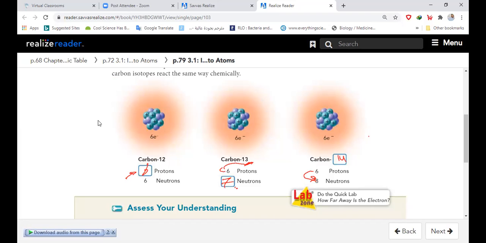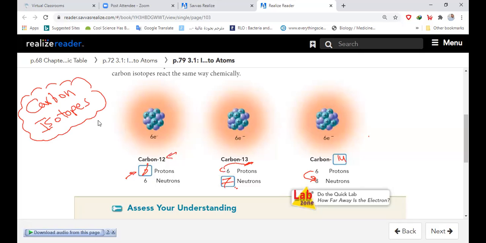So these are called carbon isotopes. And we can count. Yes, you can count, but it's easier to understand it. Carbon-12, 6 protons, 6 neutrons. Carbon-13, 6 protons, so 13 minus 6.